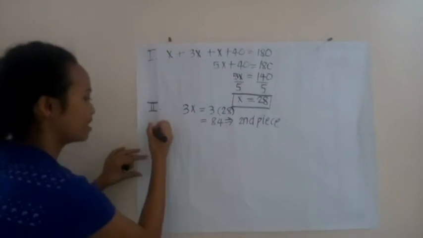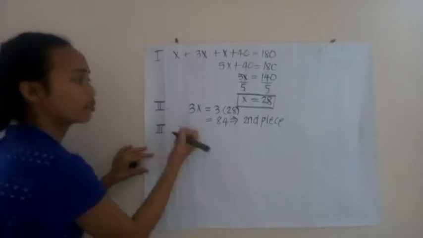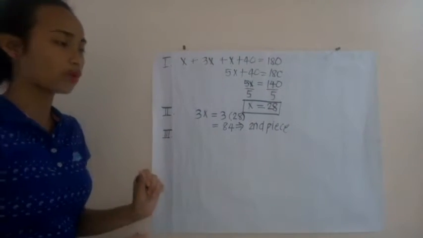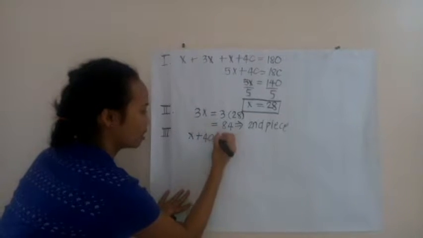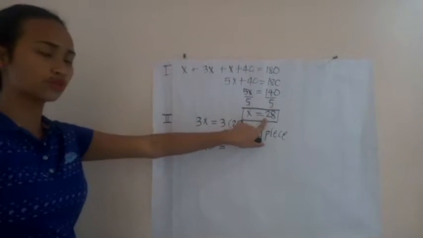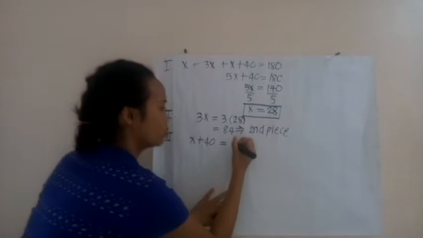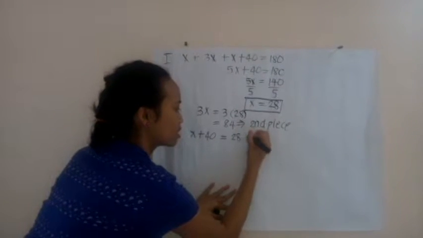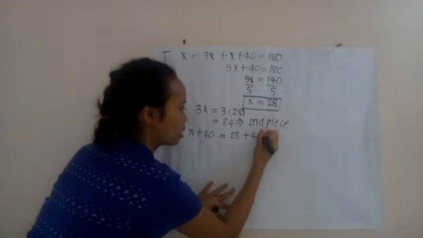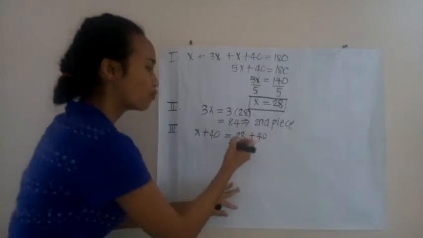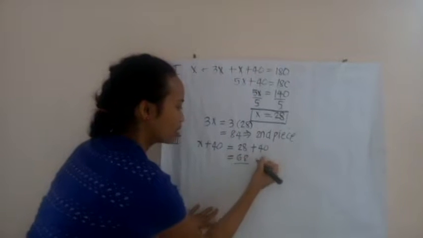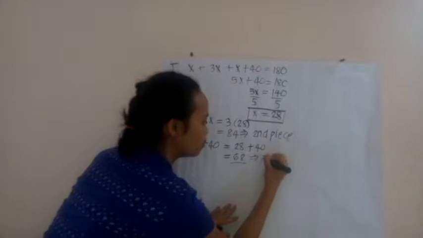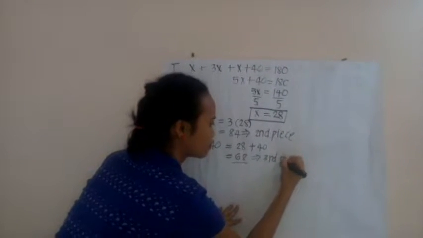Next is to find the third piece. The third piece expression is x plus 40. Thus, substituting 28 for x, we will have 28 plus 40. And thus, 28 plus 40 is 68. Therefore, this is the value of the third piece.